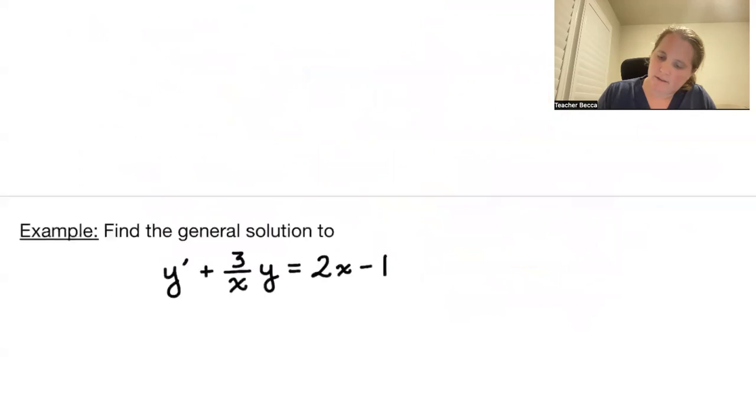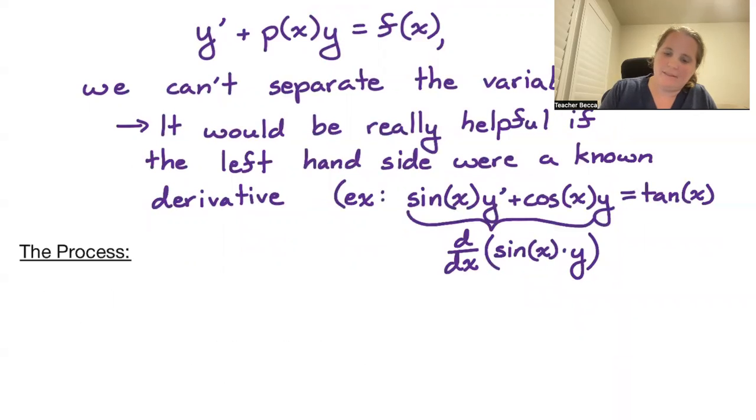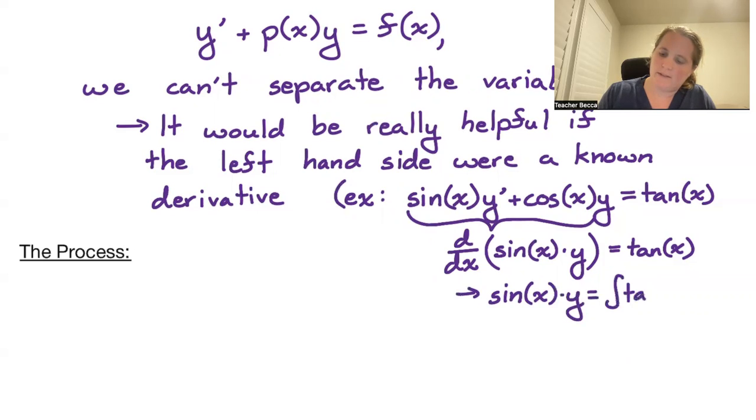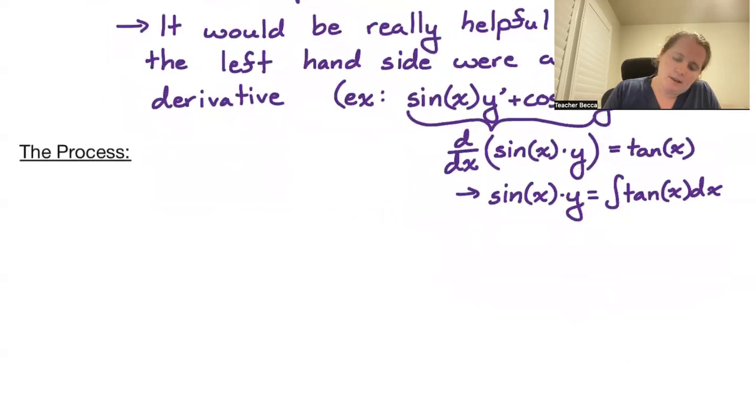And so we have that derivative is equal to tangent of x. And therefore, sine of x times y is just equal to the integral of tangent of x dx. Right? So if that left-hand side is a known derivative coming from the product rule, then we can just integrate both sides easily.